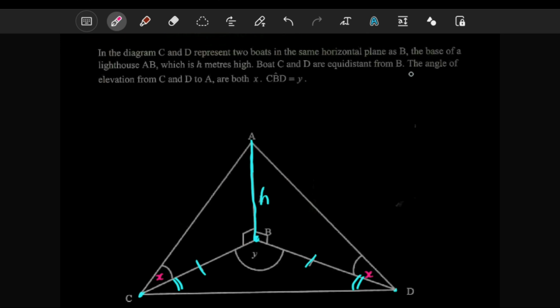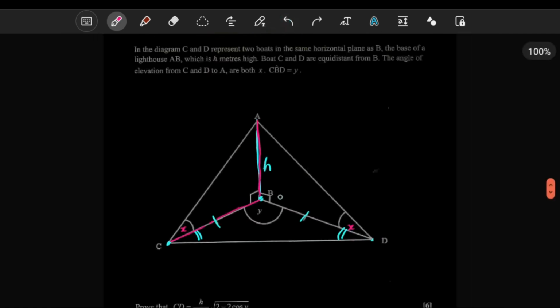Anyways, the angles of elevation from C to A and D to A are both x, yes. And then they said here, so these are obviously similar triangles, these ones. If not similar, they're actually congruent because they have a side that's common and they have another side that's equal to each other.